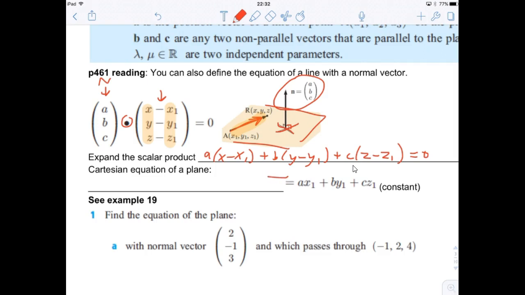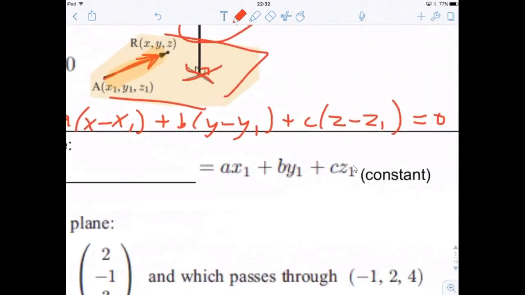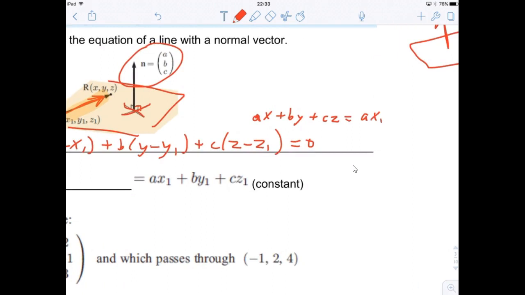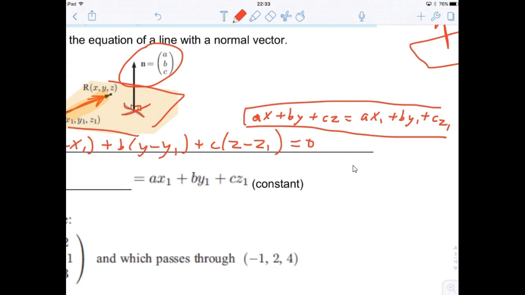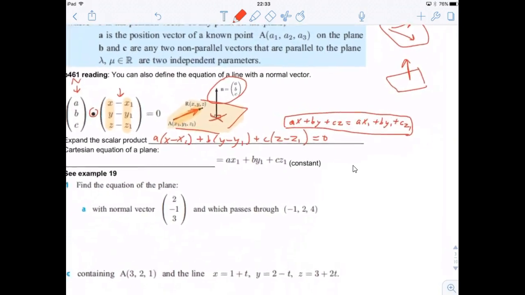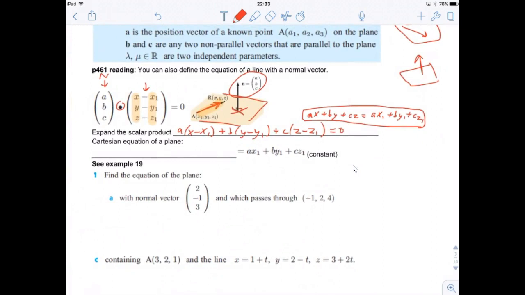And then, if I was to expand it further, I would say ax plus by plus cz is equal to ax1 plus by1 plus cz1, where x1, y1, and z1 are a point on the plane, and a, b, c are the components of the normal vector.